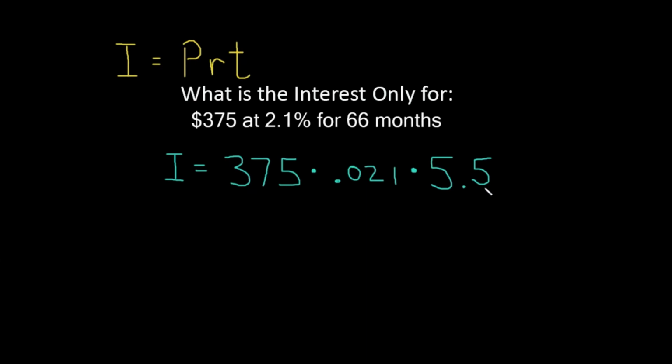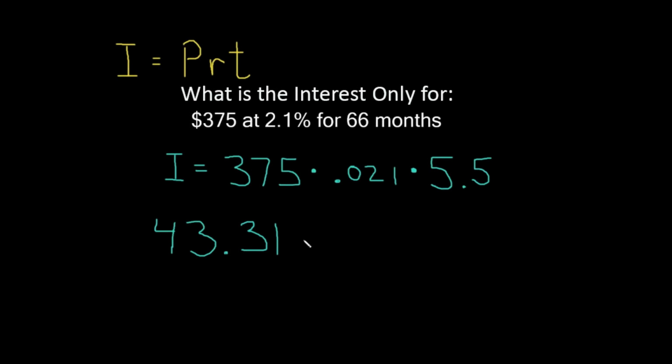And then all we do is multiply these together. So 375 times 0.021 times 5.5, and the interest is 43.31, which goes out to 2.5 decimal places.